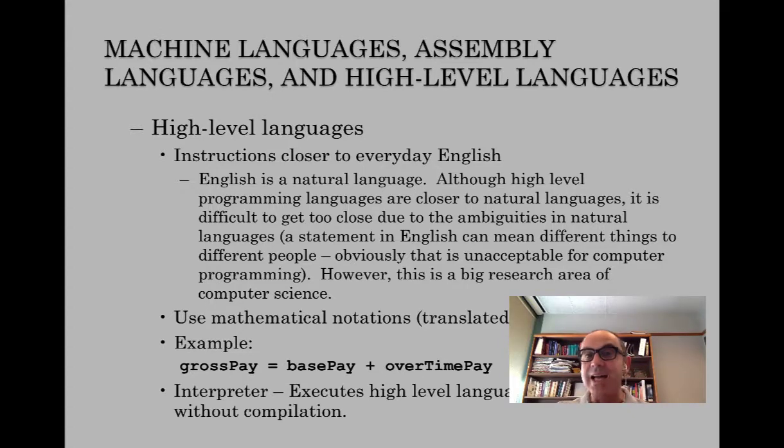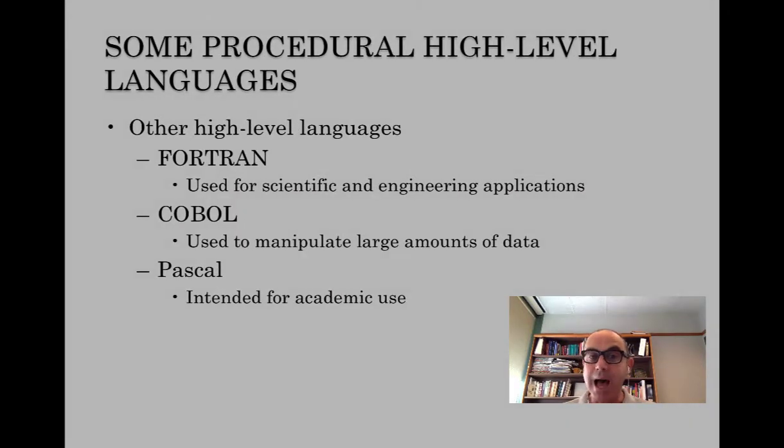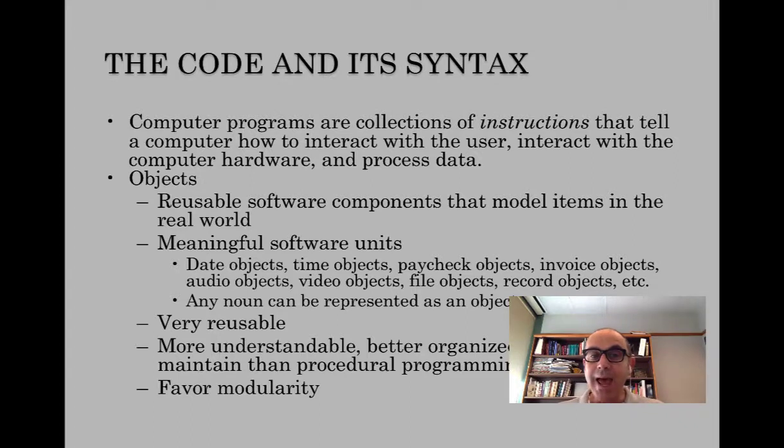Among the high-level languages, we have Fortran and COBOL. All of those are old school programming languages, but they gave us some structure or syntax that we still need to apply or understand.